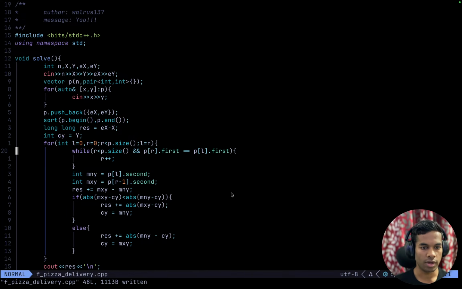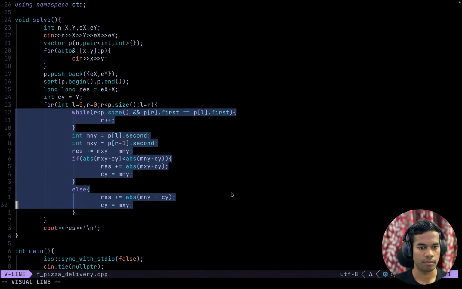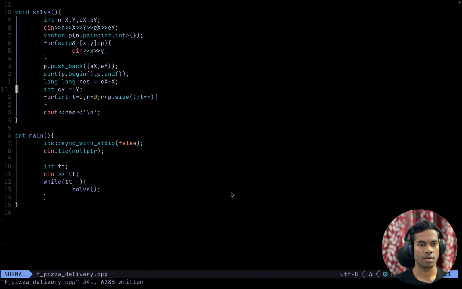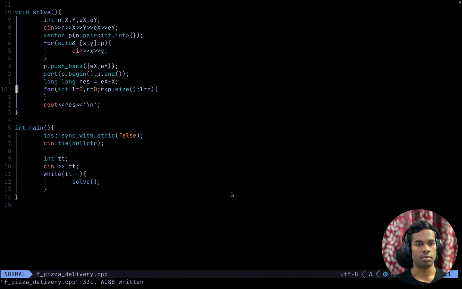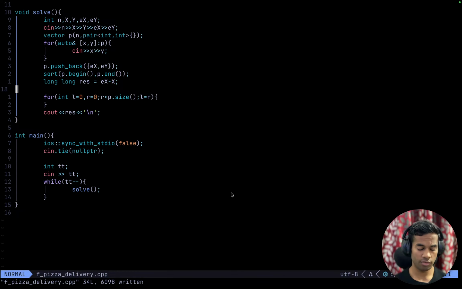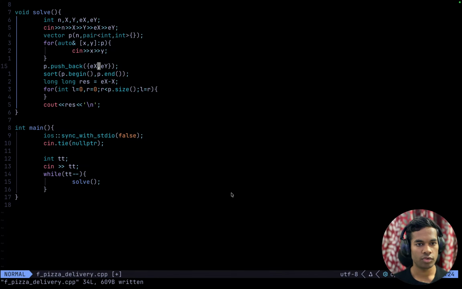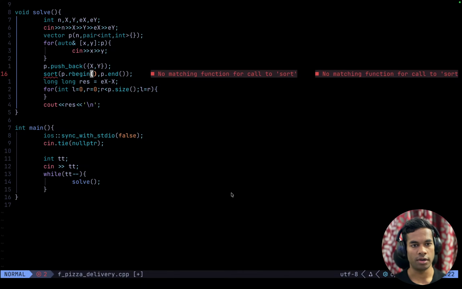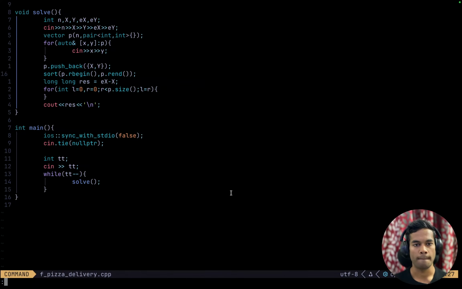So let's go in reverse. Our current y, our res. Yep. If this is the way that we are moving, then what we have to do is push not this, but push x and y and then sort this whole thing in the opposite order, r begin and r end, and sort in the opposite order.